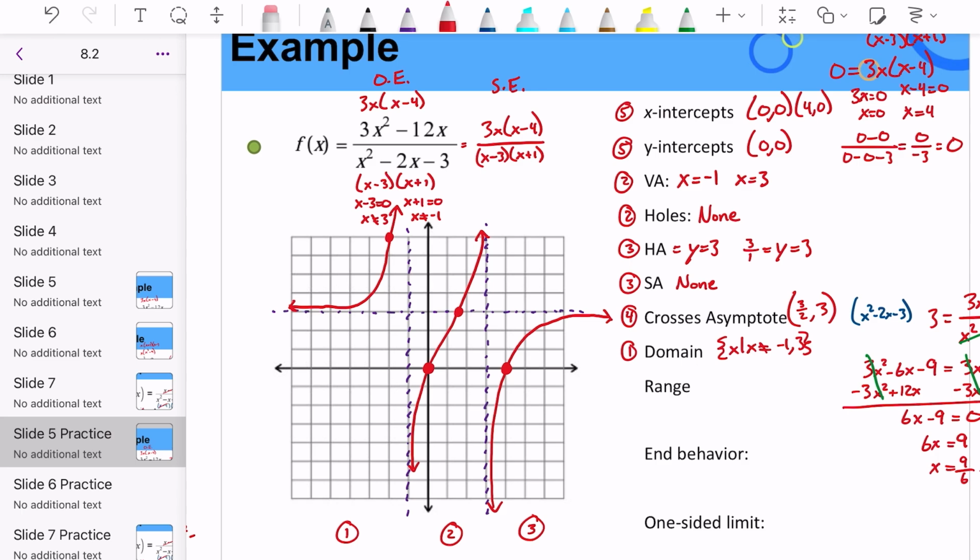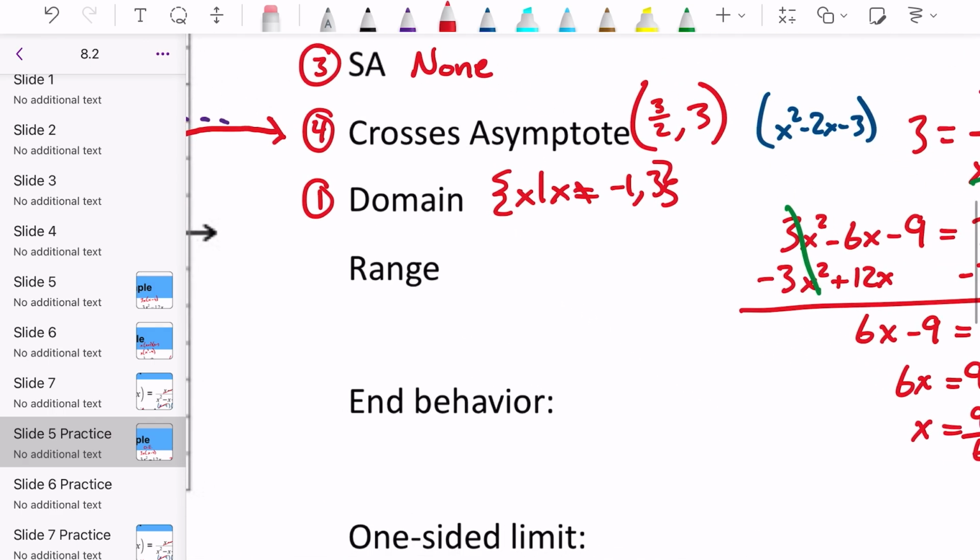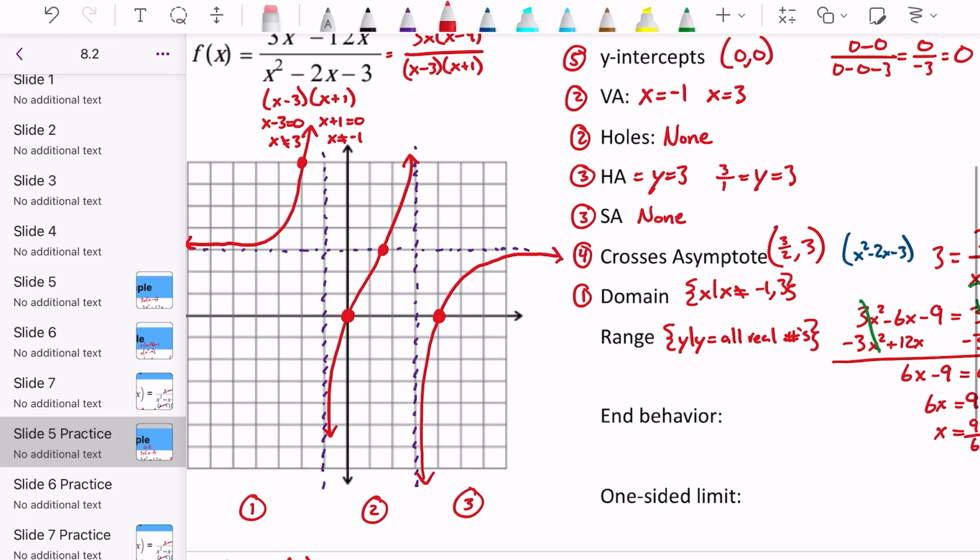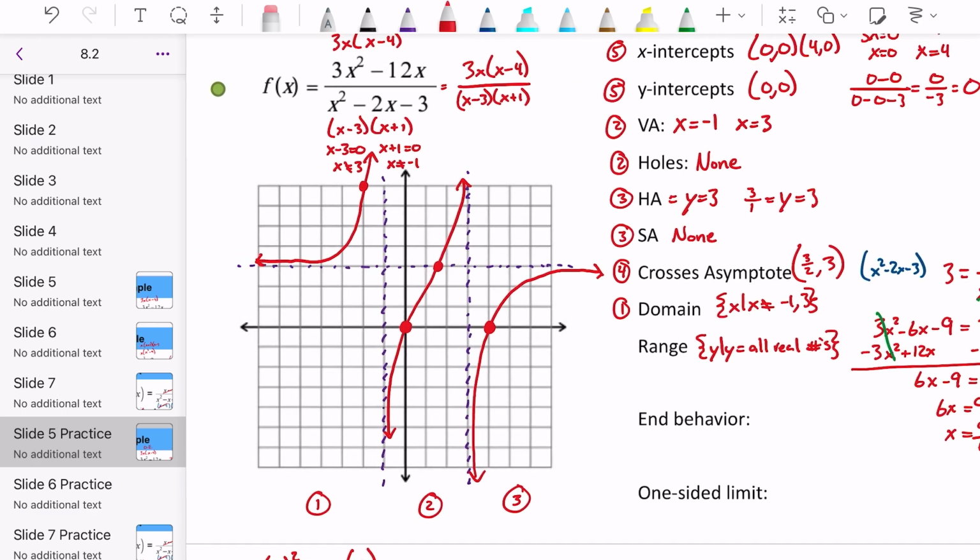Because a cross occurs at the 3 on the y, this means that it is included, and this would mean that we would have a range of y such that y is equal to all real numbers. Keep in mind, the only other thing that you could take a look at would be to see if there are any holes that would also affect your range.